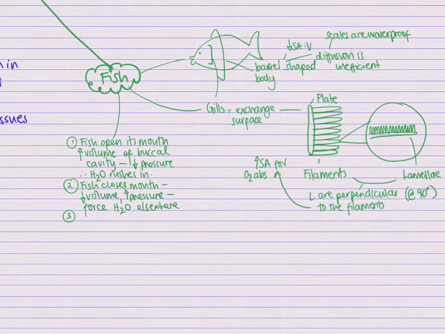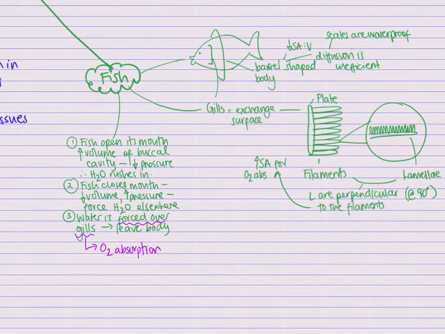So step 3, water is forced over the gills and then is able to leave the body. But as water is forced over the gills, so we'll do a little underliney thing, forced over the gills, that's where we get our oxygen absorption.